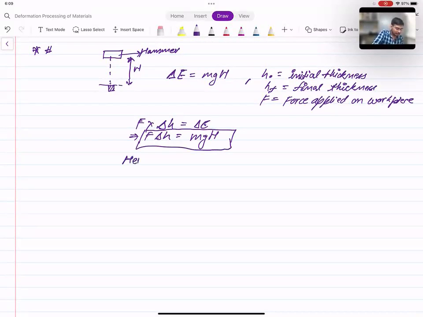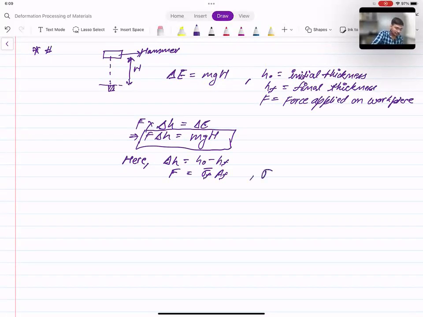So here delta H is h naught minus hf, and this F is flow stress into the final cross-sectional area.